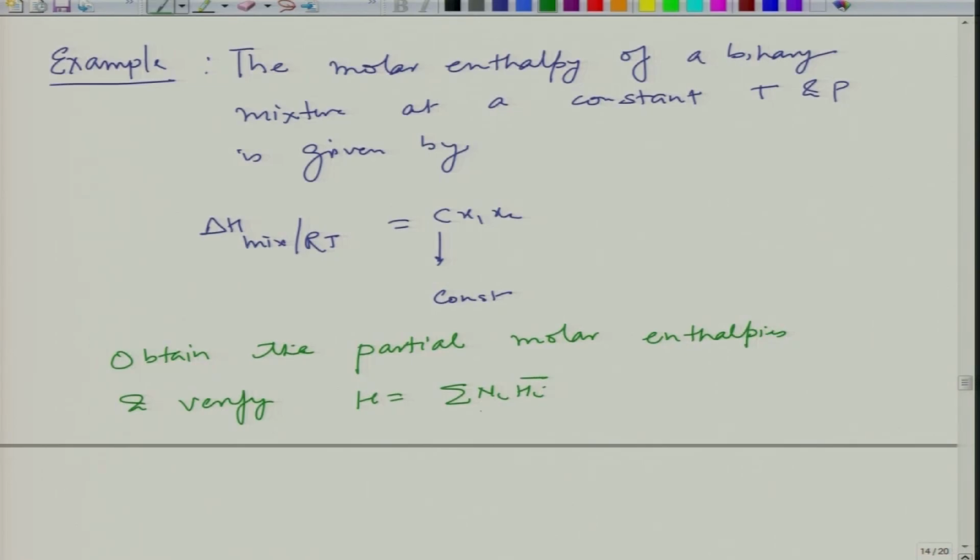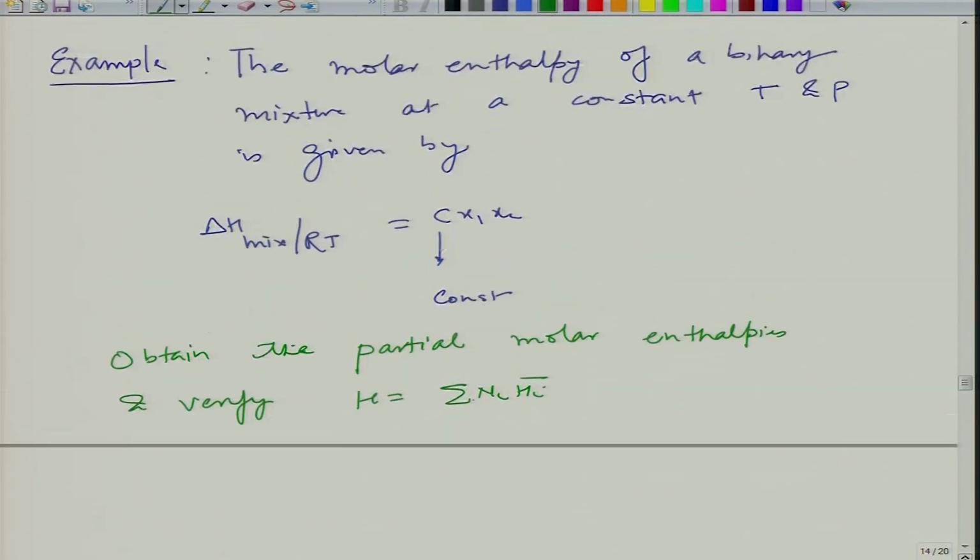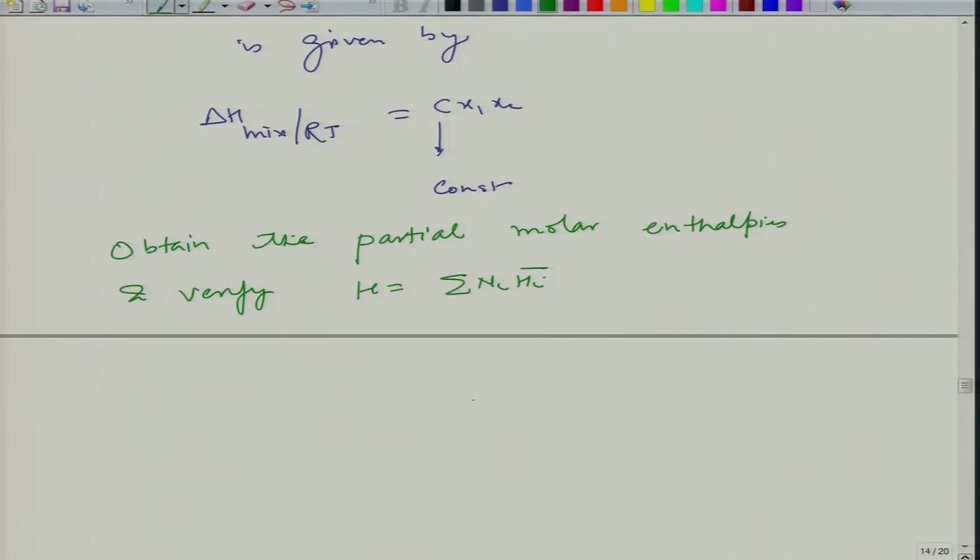So, this is nothing but the Euler theorem for homogeneous function. Okay, so this is the problem given to us. Let us start with the definition of delta H mix first, because that is the expression given for us. Delta H mix here is nothing but H minus summation Ni Hi at the same temperature and pressure. Okay.